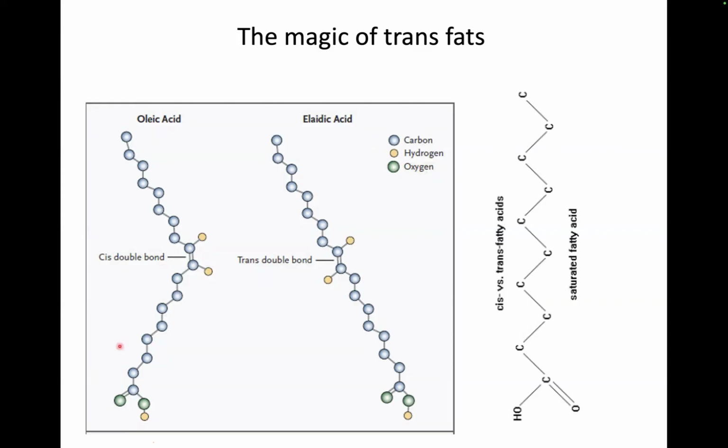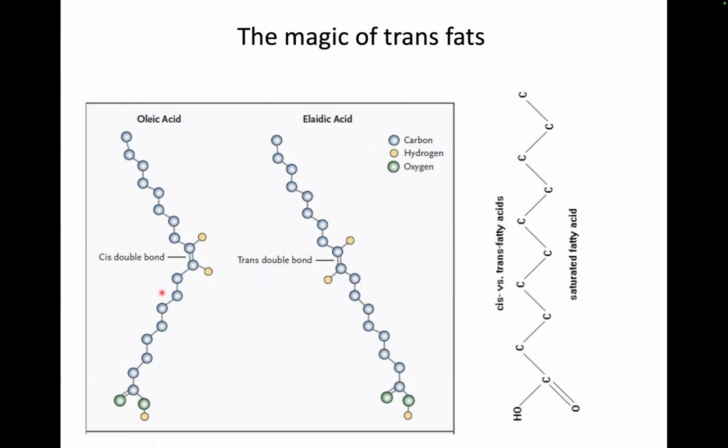So these will go bad if you leave olive oil out or something like sesame oil. If you leave that out, it'll go rancid relatively quickly. Saturated fatty acids do not, because there's really no place for chemistry to occur. And so saturated fatty acids are really very shelf stable.